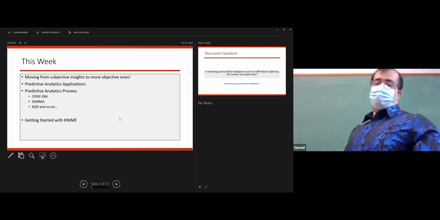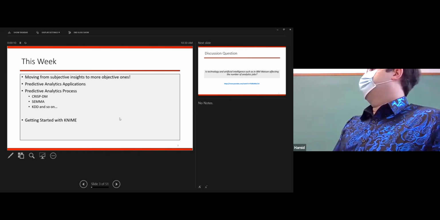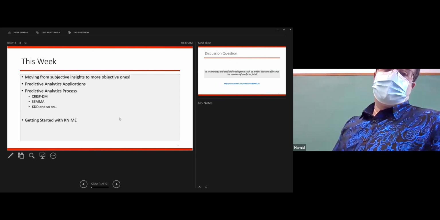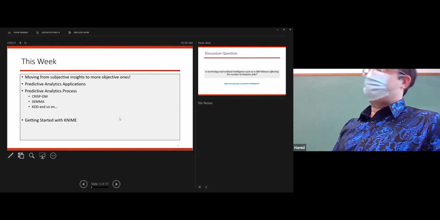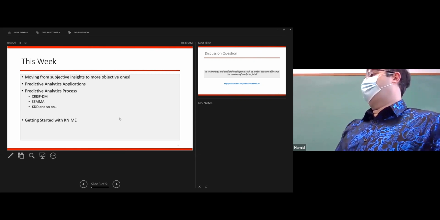So this week, we start predictive analytics to go over some concepts and standards. Among the standards, you will know about CRISP-DM, SEMMA, and KDD. And also from next session, we start working with KNIME.